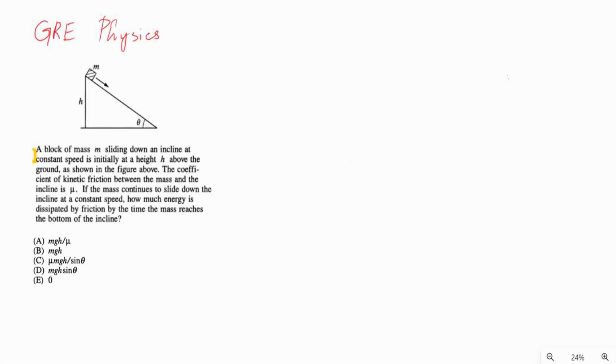Now, guys, you can solve this problem just in seconds in your mind if you apply the law of conservation of energy to this problem. It is evident that as the block slides down, it loses potential energy, and this potential energy is converted into the work done against the frictional force partly, and partly it is usually spent in increasing the kinetic energy of the block.